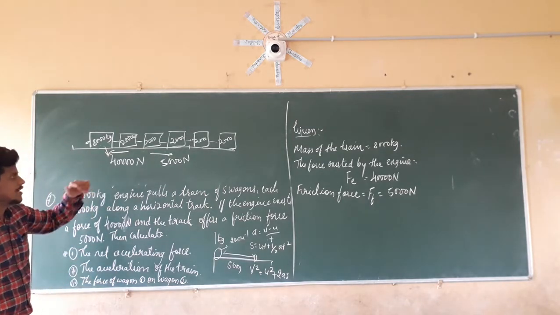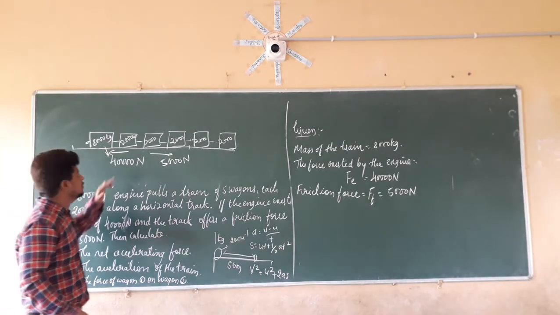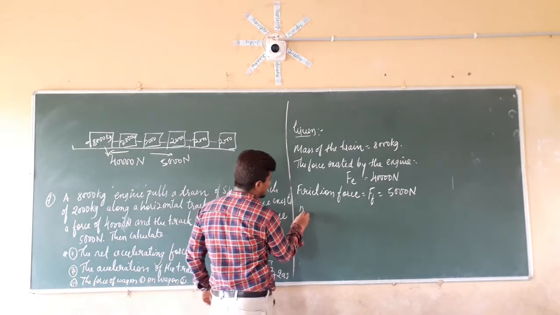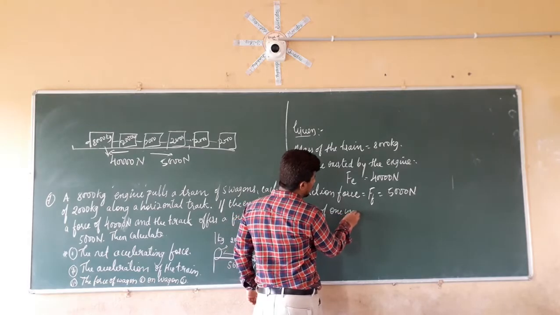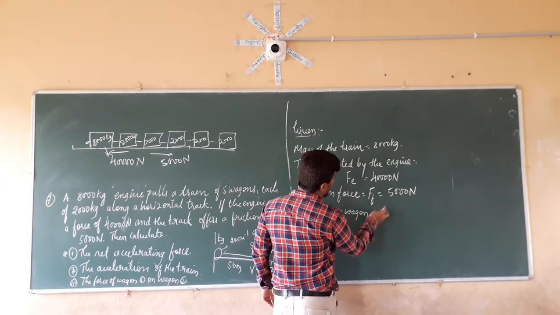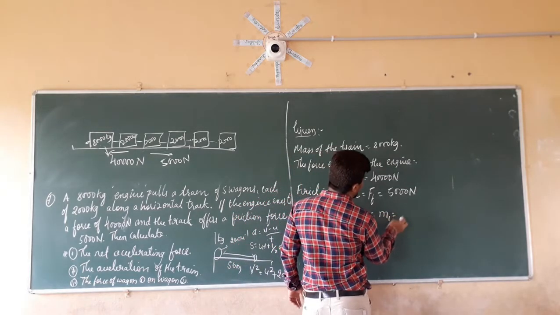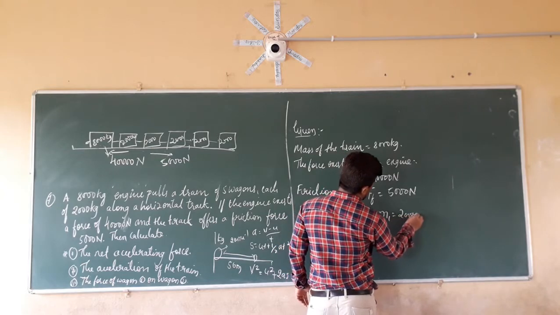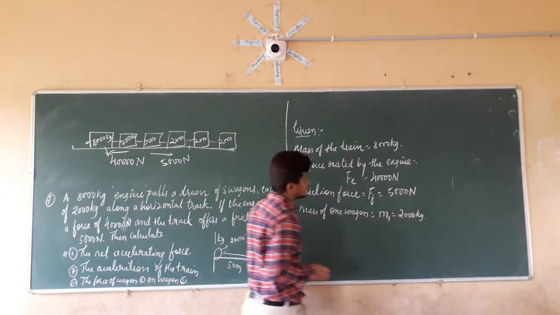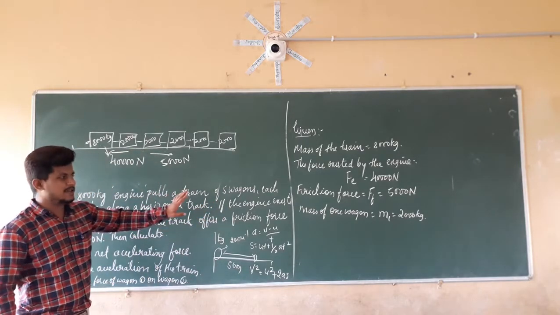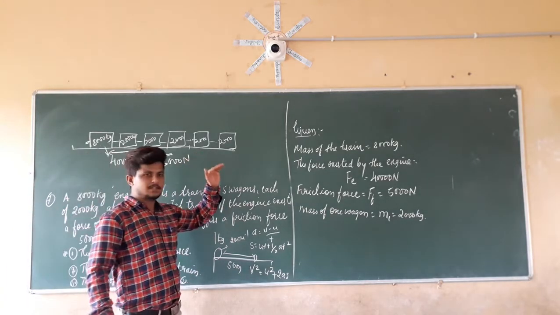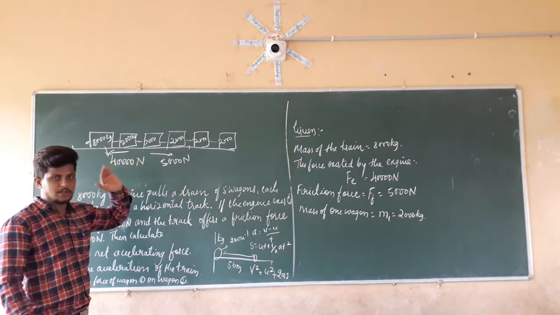Next we are going to calculate the mass of the vehicle. Mass of one vehicle, M1, is equal to 2000 kg. After that we are going to calculate the mass of all those things, and then calculate everything.